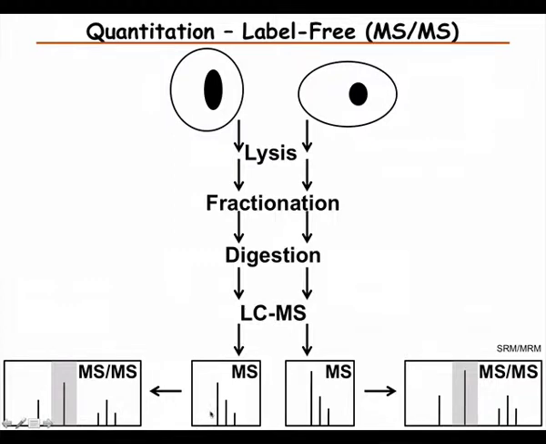So the advantage here is that if you have a very complex sample, the full scan mass spectra where we measure the peptides will be very crowded, as we've seen before. So there will be a high probability for interference.